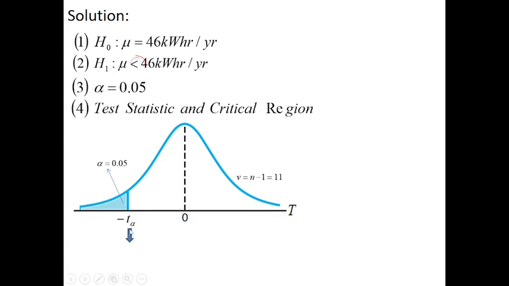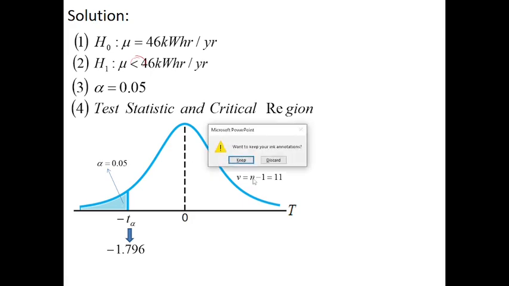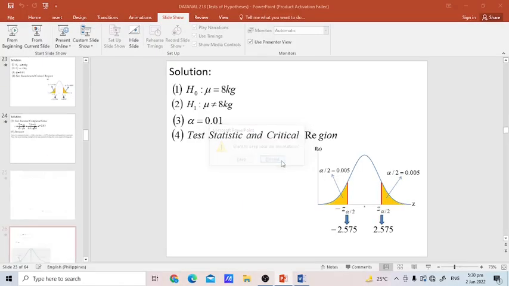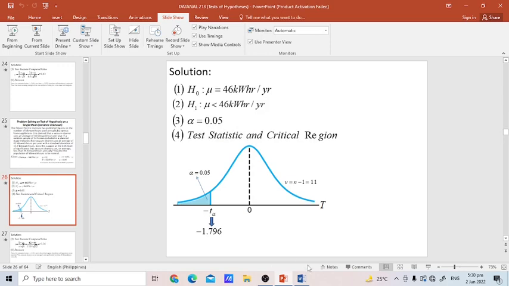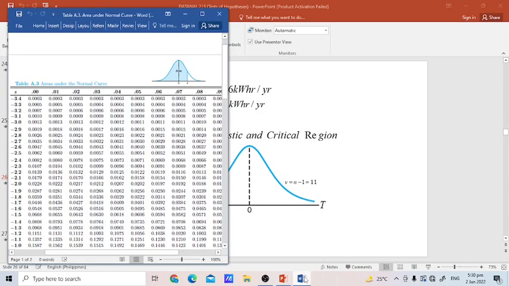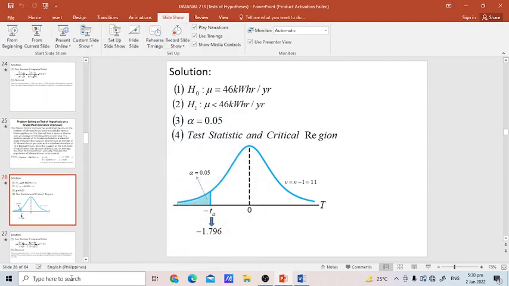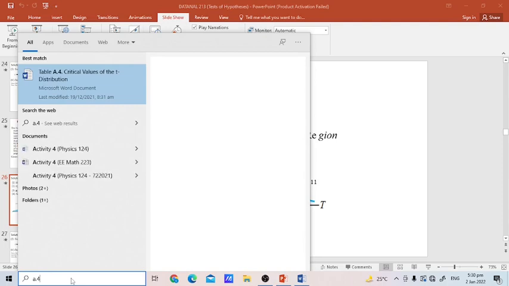And this will now have a value: negative 1.796. So how did we arrive at that value? Negative 1.796. So let's see table 8.4.